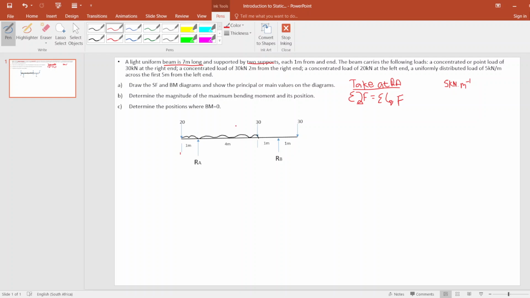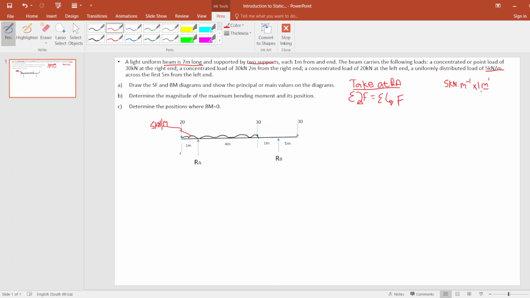So 5 kilonewton per meter multiplied by 1 meter.